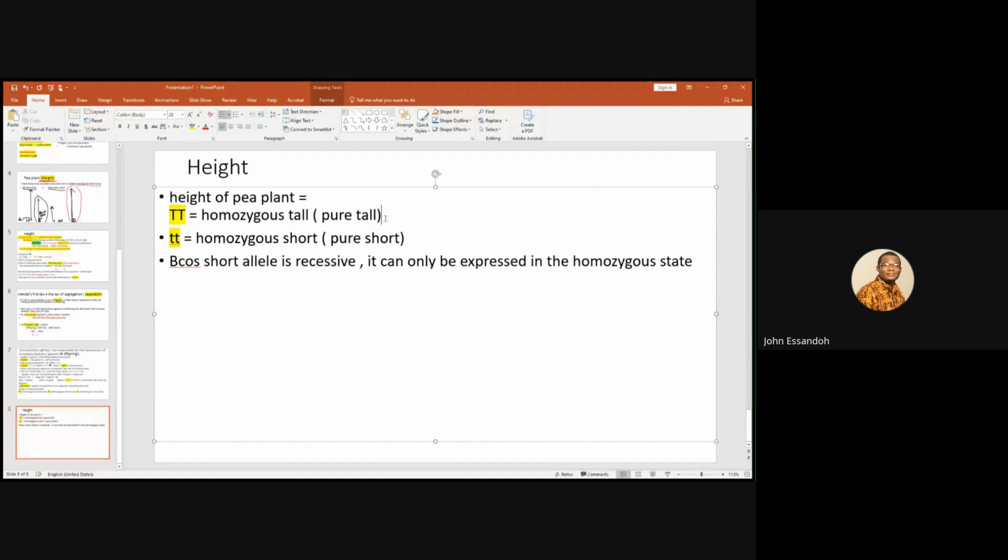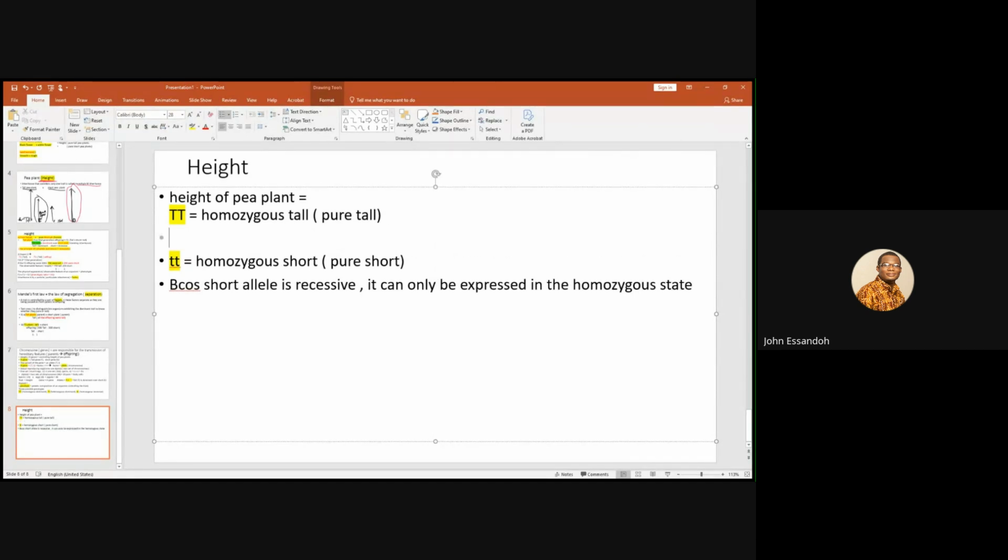Why? Because if we get something like this, capital T, small t, it will become what?